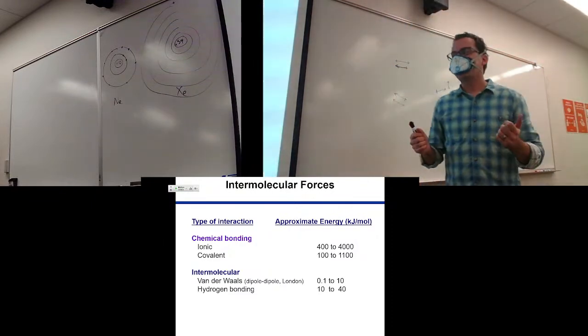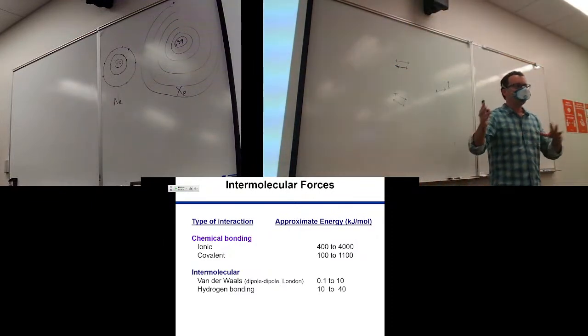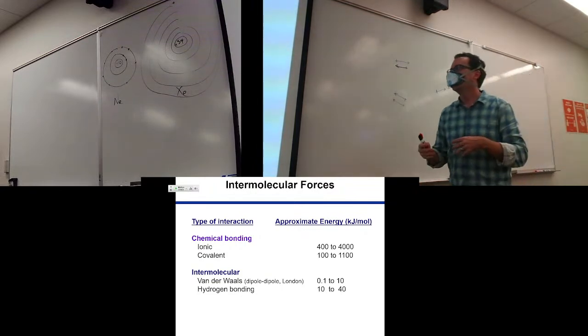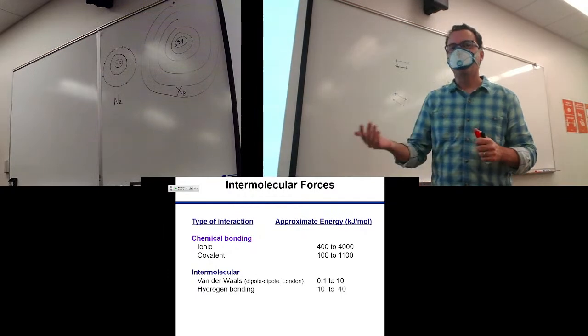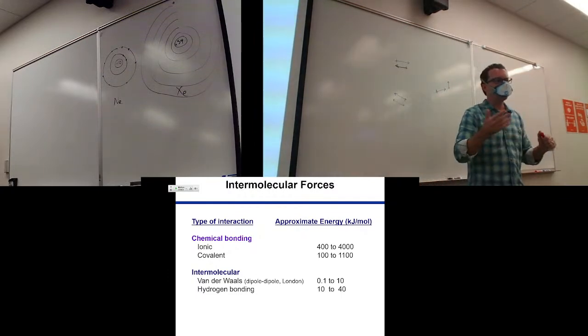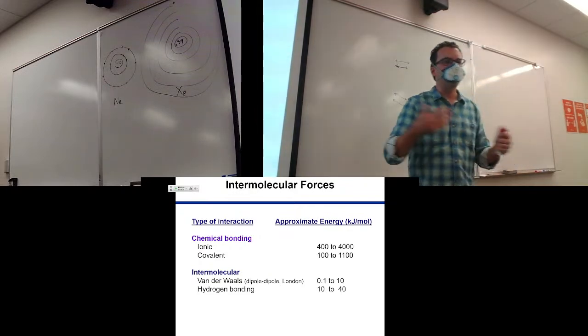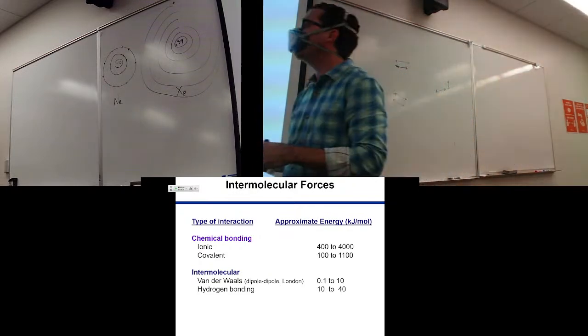Annoyingly, we get these slides piecemeal, some from different books, and some are just made up, some from the internet. Every book will categorize the intermolecular forces a slightly different way, or emphasize the categorization a little bit differently.